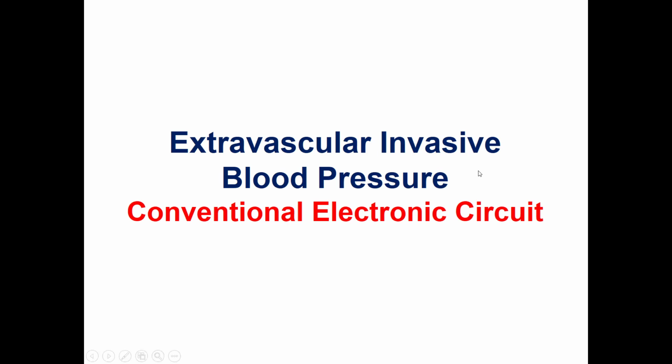Now we will talk about the third part of the design, which is the electronic circuit. This was the conventional electronic design, which was previously used prior to the use of fast analog to digital converters, ADCs, like the delta-sigma. As we know, the pressure waveform is analog, whereas the processing will be done in the digital world.